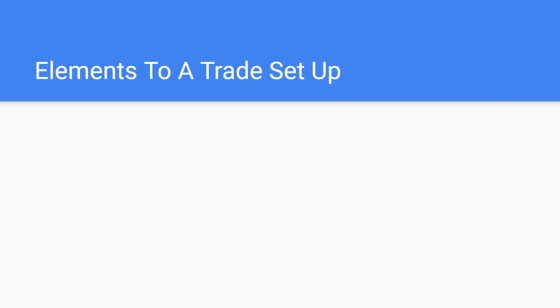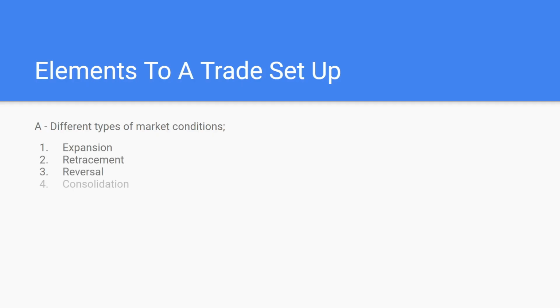So your elements to a trade setup, you have to consider certain areas. There are different types of market conditions, and they are formed of an expansion, a retracement, a reversal, and consolidation. They are the only 4 conditions you need to consider for this trading strategy.